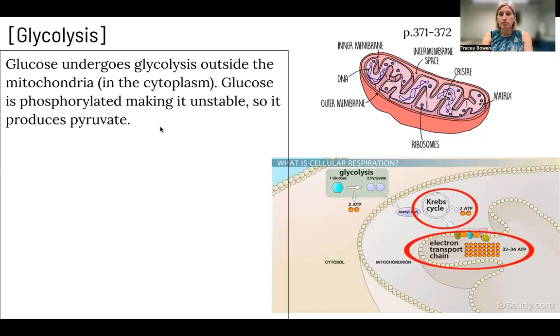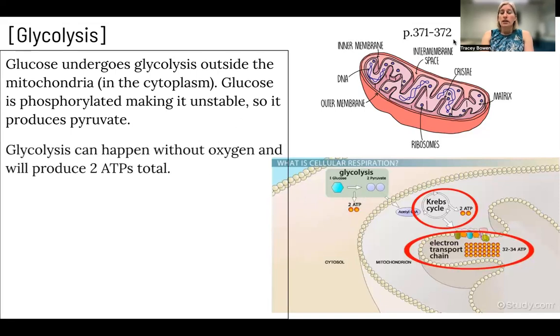So it produces pyruvate. The net gain in glycolysis is just 2 ATPs, and it will also make some NADHs. Those NADHs are going to go into the mitochondria and be used in the electron transport chain. So not only do we want ATP, but we want to make these electron carriers reduced so that they can be used in the electron transport chain. This is where most of the ATP is made.